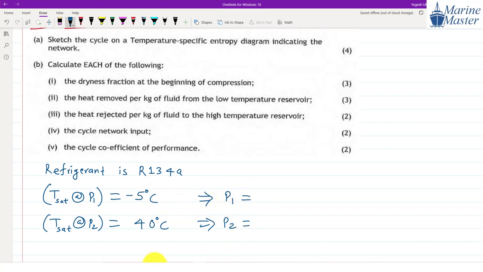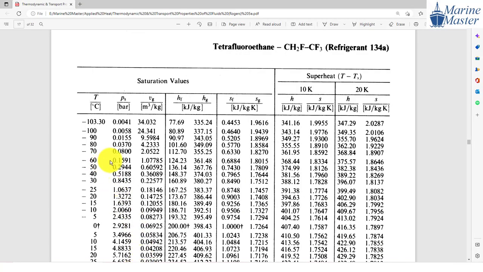Have a look here: minus 5, here we got minus 5. The corresponding pressure is 2.4335. Observe this one.